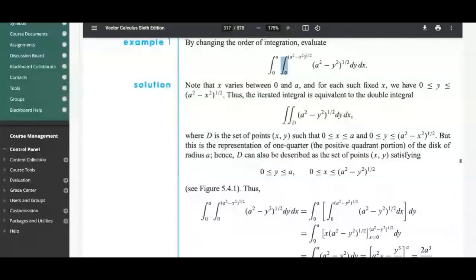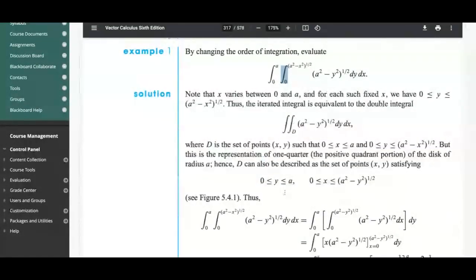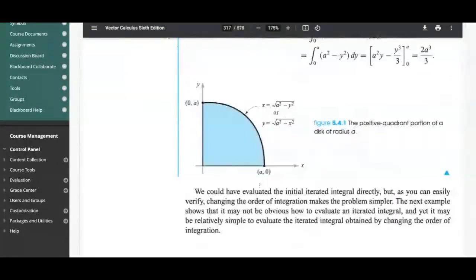The x direction goes from 0 to a, the y direction goes from 0 to the square root of a squared minus x squared. Just this quarter circle.